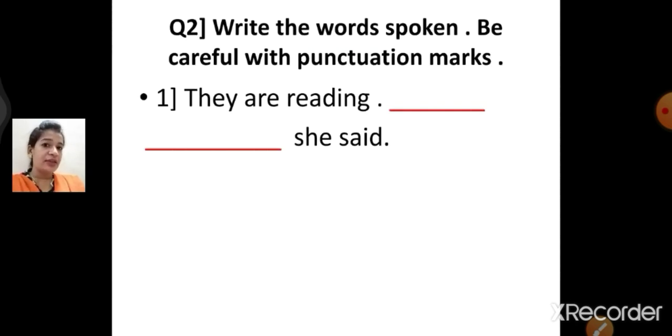Now see the another exercise. Write the words spoken. Be careful with punctuation marks. Again, you have to use contraction form over here. Now see the first one. They are reading, dash, she said. So what is the contraction form of they are?